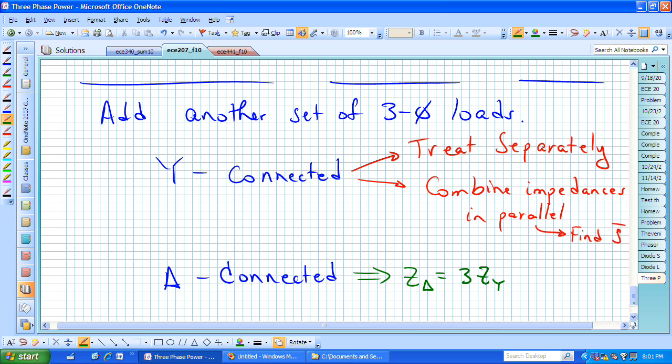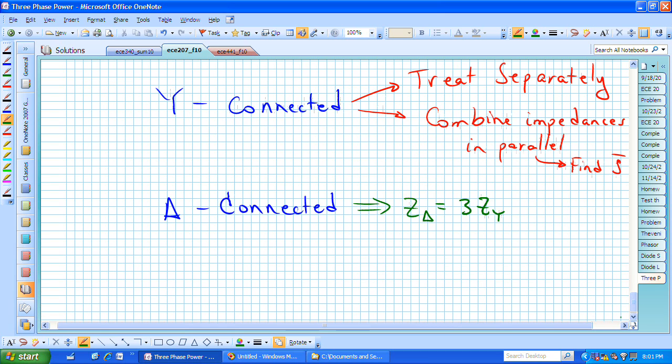If you were given delta connected loads from A to B, B to C, and C to A across the lines, then using this relationship you could find the equivalent Y-connected load value, which is just 1/3 of the delta connected load that you were given.